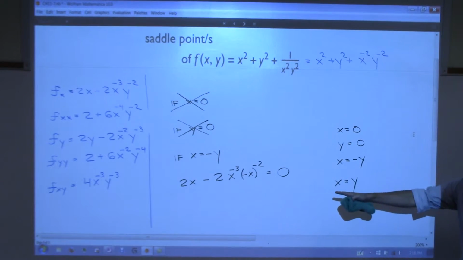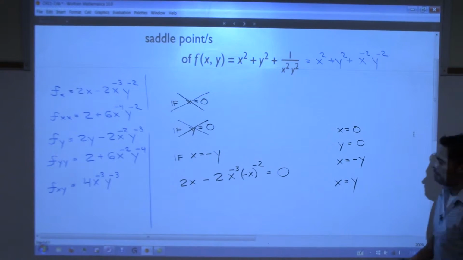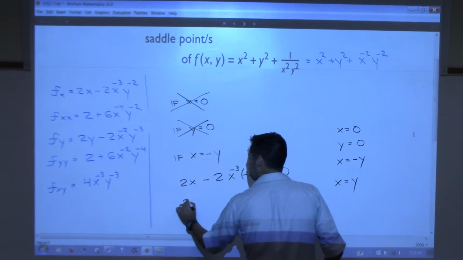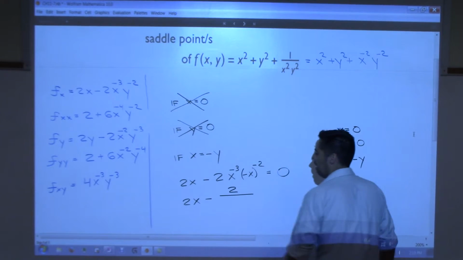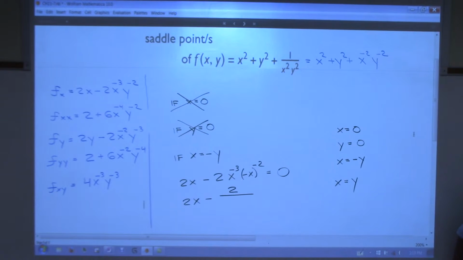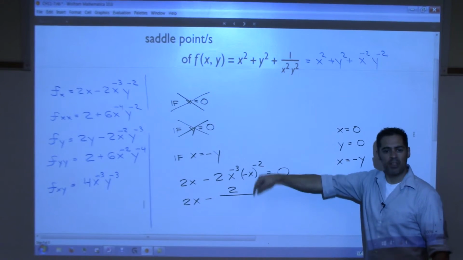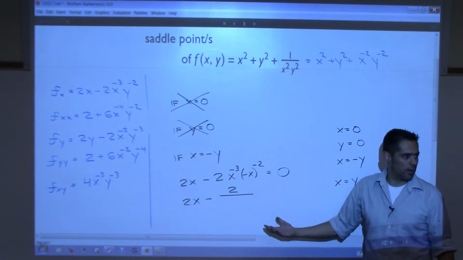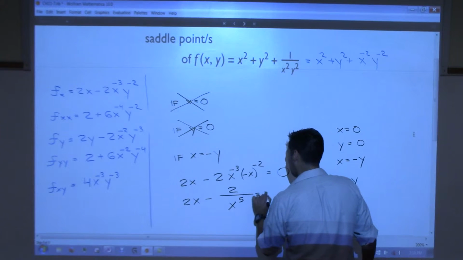I have an equation that just has x in it. Can we solve this? Let's see if we can solve this. This is 2x minus 2 over x to what power? X to the 5th, right? When you take negative x and you square it, move it to the bottom and then square it, it's positive x squared. Then you have x cubed next to it. So this is x to the 5th equals 0.